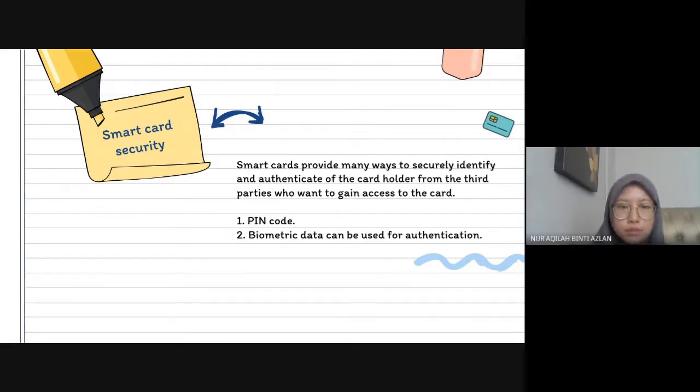Antara security yang ada pada smart card adalah yang pertama PIN code. PIN code ni macam nombor yang kalau kita masukkan card kita kat dalam ATM, jadi kita insert PIN code. And second is biometric data can be used for authentication, for example like fingerprints and iris.